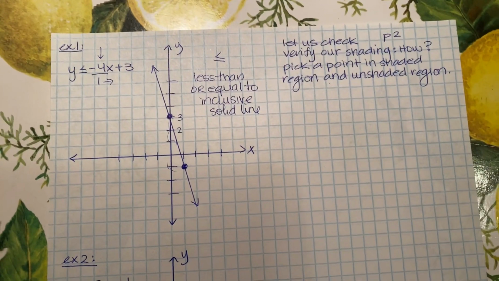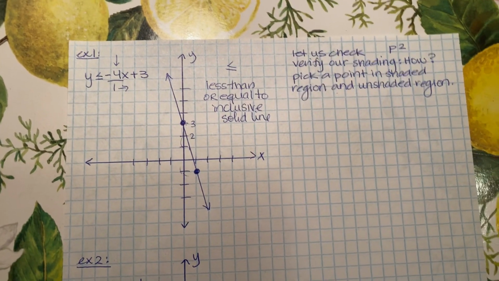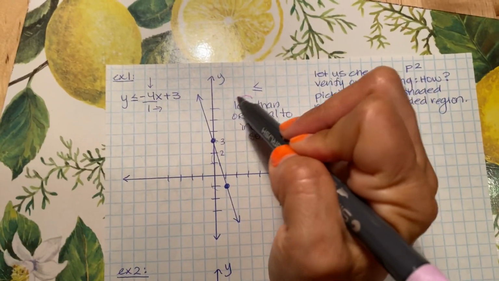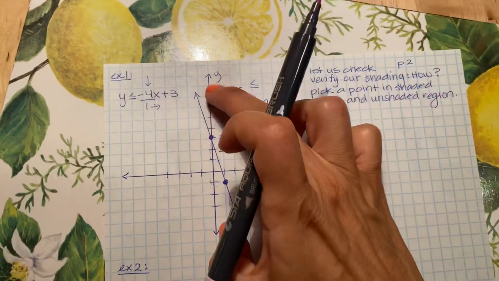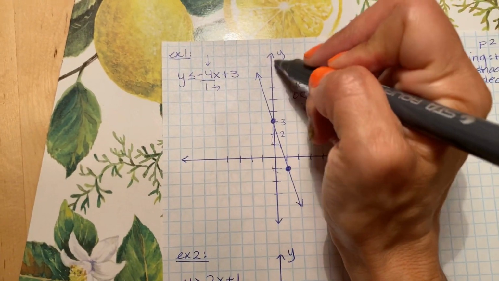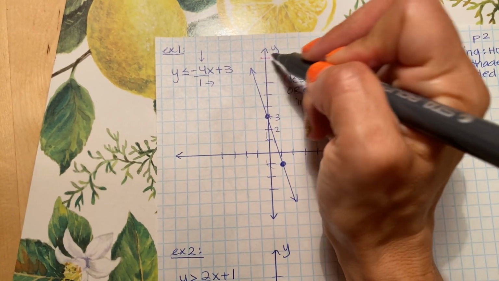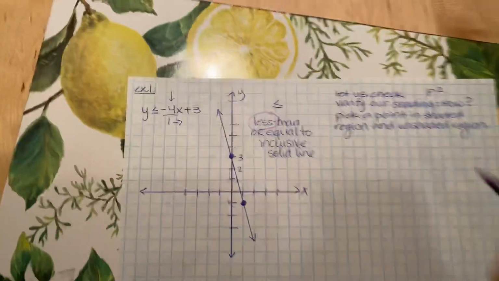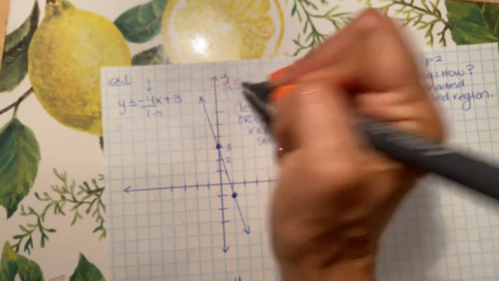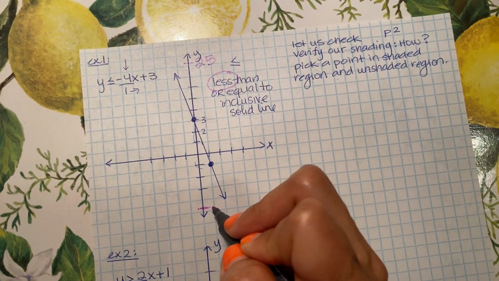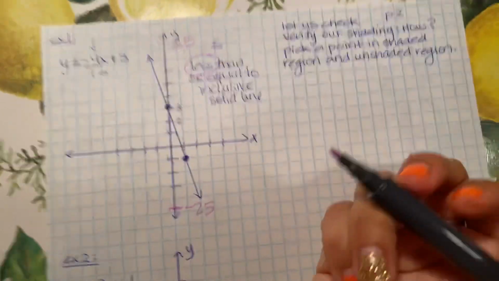Okay, so now we have to shade. We're on less, okay? So I want less. Look at our y axis. Just arbitrarily pick a number up here. Say it's 25, right? So we're guessing here. And say down here it's -25.